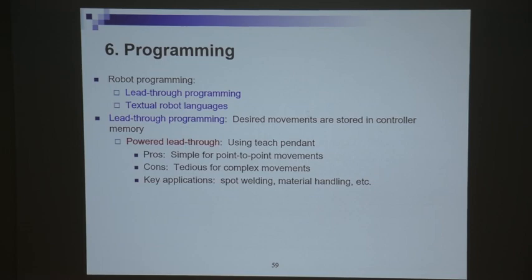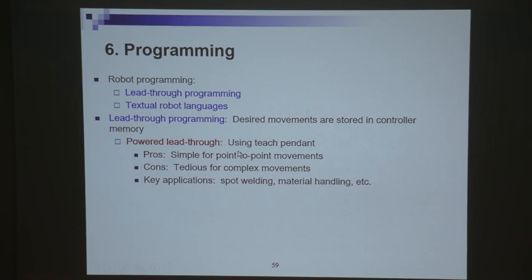For example, if you buy a UR5 or UR10 robot, the manufacturer will give you a teach pendant to allow you to control the robot. You may use a teach pendant for lead-through programming of the robot. The pro is that it is simple for point-to-point movement.